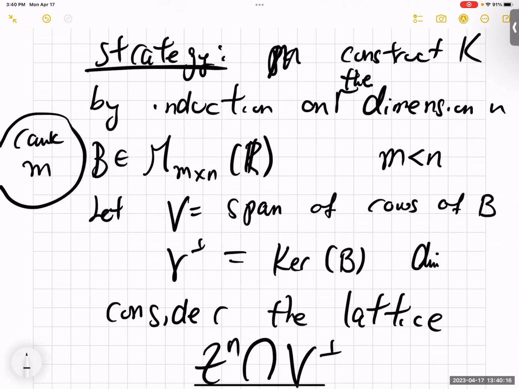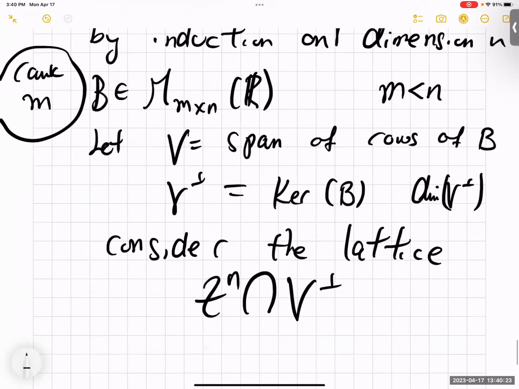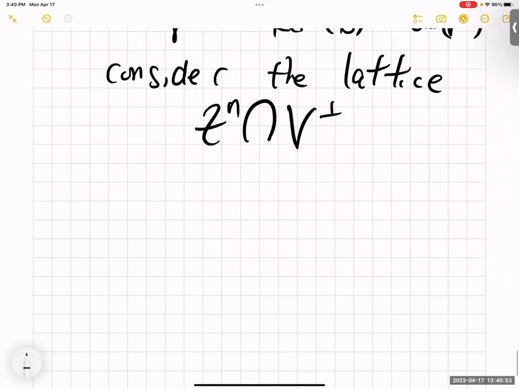So the dimension of V perp is n minus m. So you intersect Z^n with some subspace in the diagonal. Typically, this will be completely uninteresting. The subspace will be defined by all kinds of irrational conditions, and it will simply not touch Z^n, except at 0. But okay, let's consider it and try to say something about it.